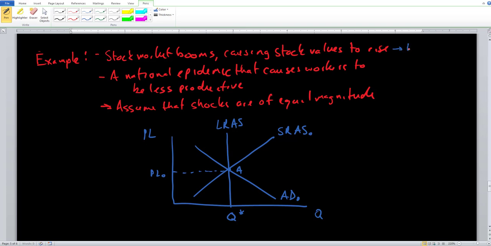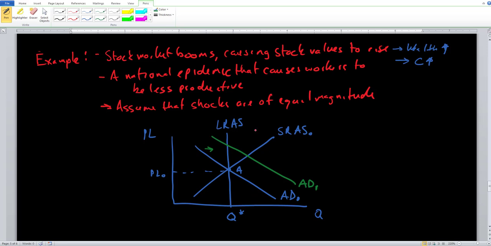Your wealth increases because you're richer now, your stock values have gone up, and if your wealth increases, that causes consumption to go up. Consumption is a component of aggregate demand, so aggregate demand is going to go up. We shift aggregate demand over to the right away from the origin. So here, we're at AD1.